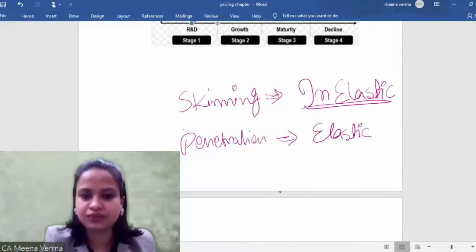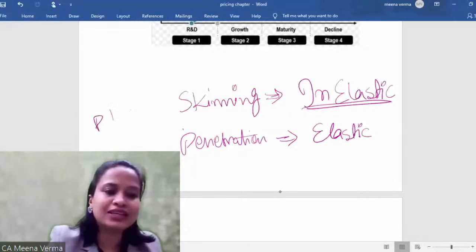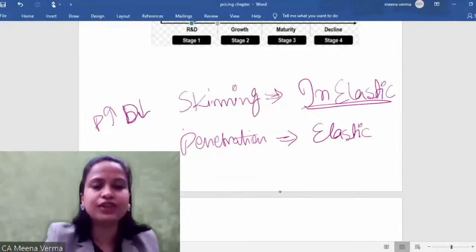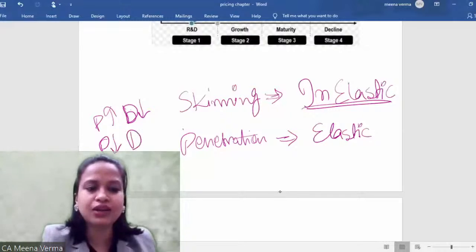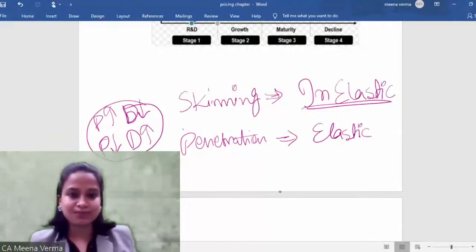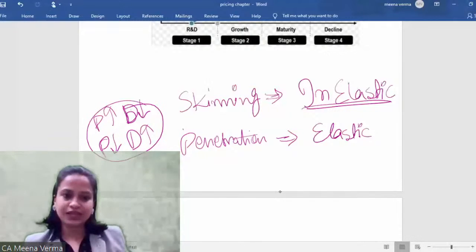ठीक है, if the market is elastic, it means if you increase the price, the demand for your product will decrease, and if you decrease the price of your commodity, the demand will increase. Price will increase, demand will decrease; price will decrease, demand will increase.